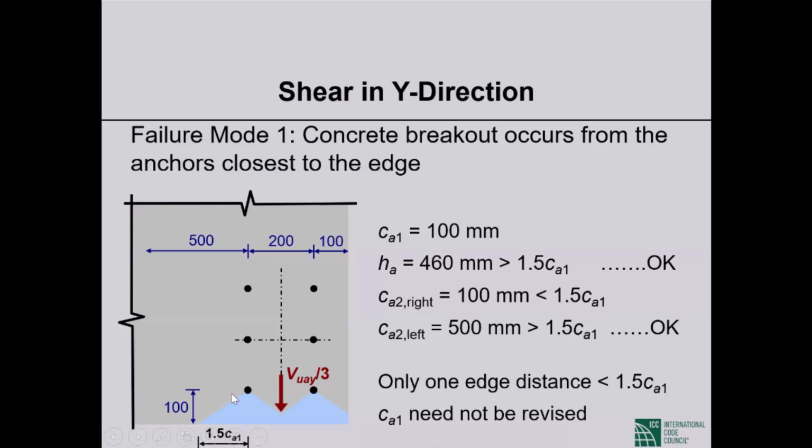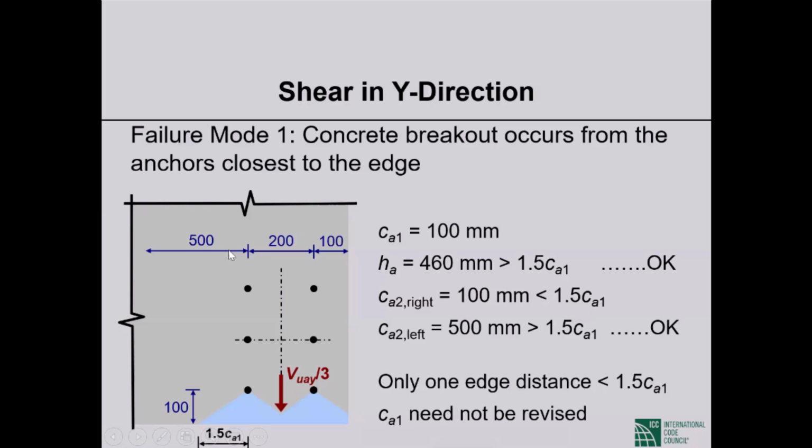C sub A1 is 100 millimeters. Depth of concrete is 460 millimeters. That is larger than 1.5 times C sub A1. C sub A2 to the right is 100 millimeters. C sub A2 to the left, we are taking it as 500 millimeters.